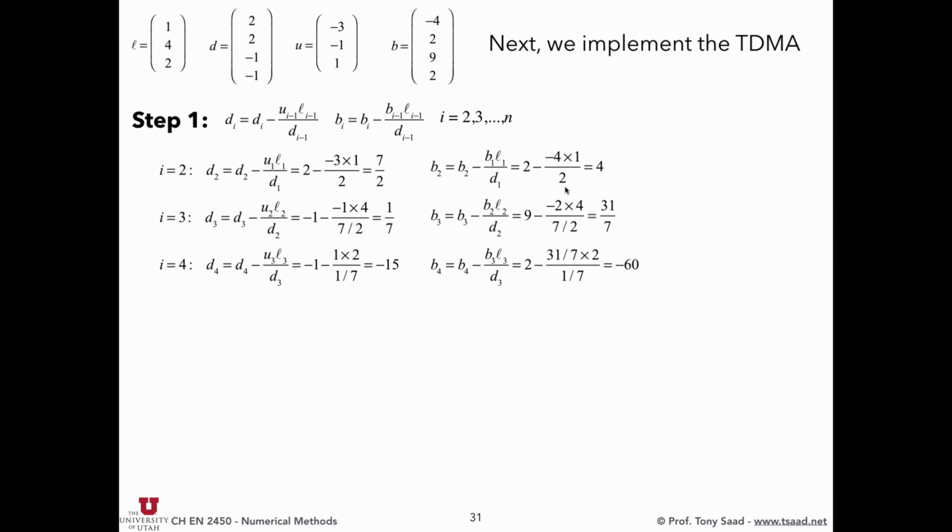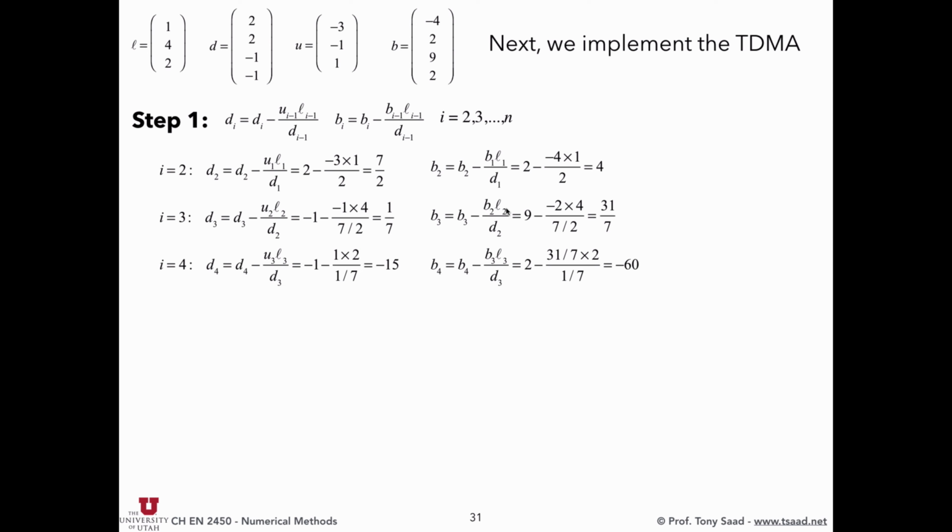And make sure you use the most recent values that you have computed. So for example, in the calculation of B3, we have B3 equal B3 minus B2 L2 over D2. Now, what is this B2? You just computed it. It's up here, in the line above.